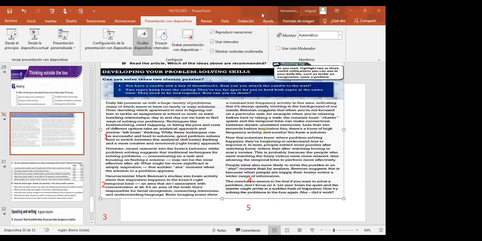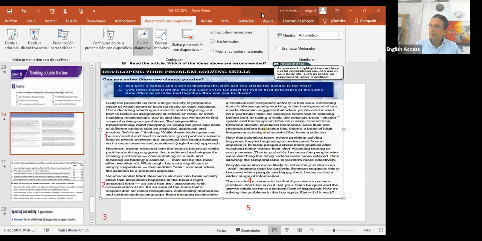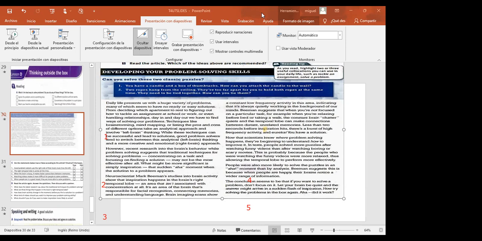Well, it presents a variety of problems and the conclusion seems to be that if you want to solve... Okay. Anything else?